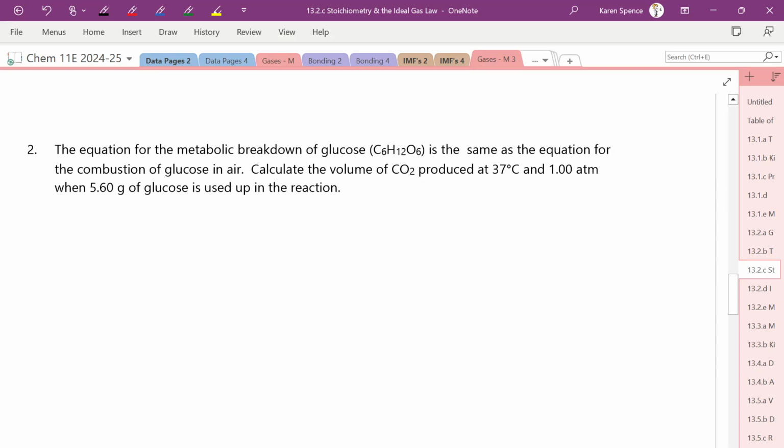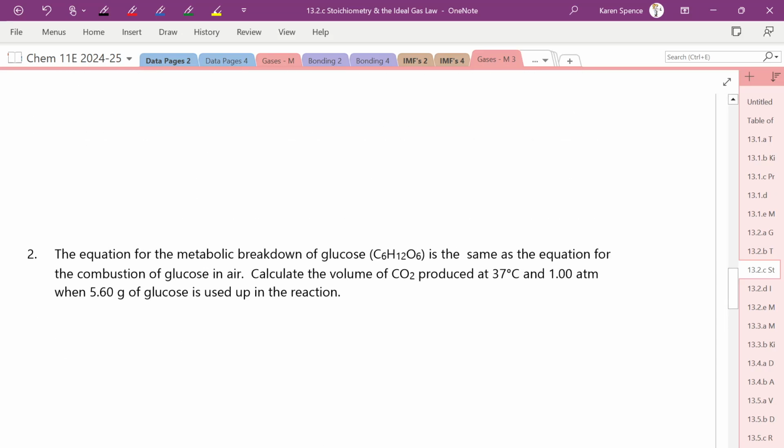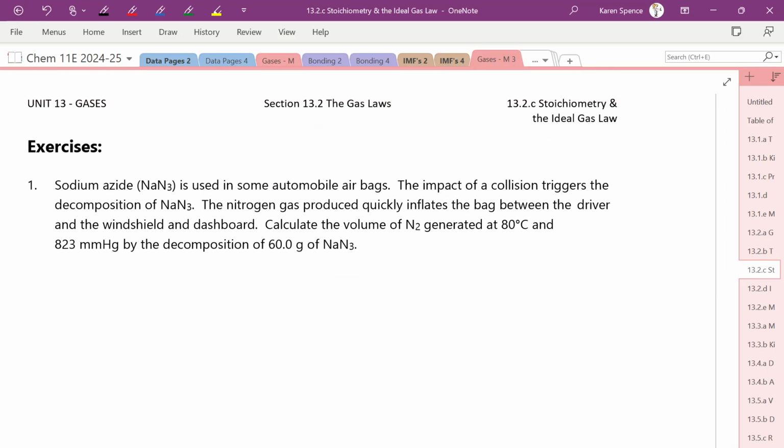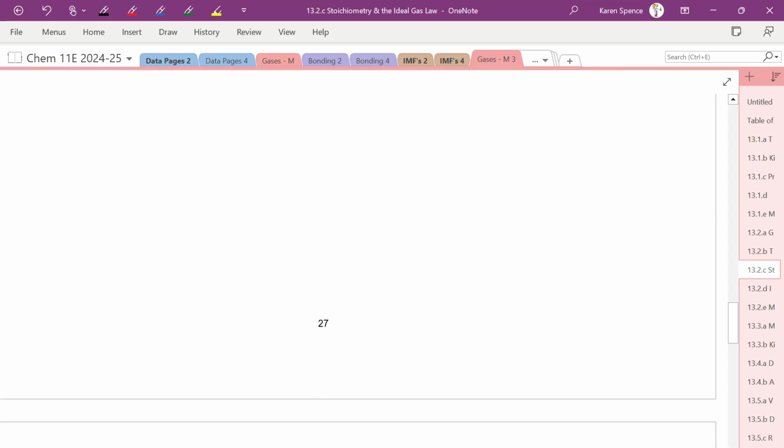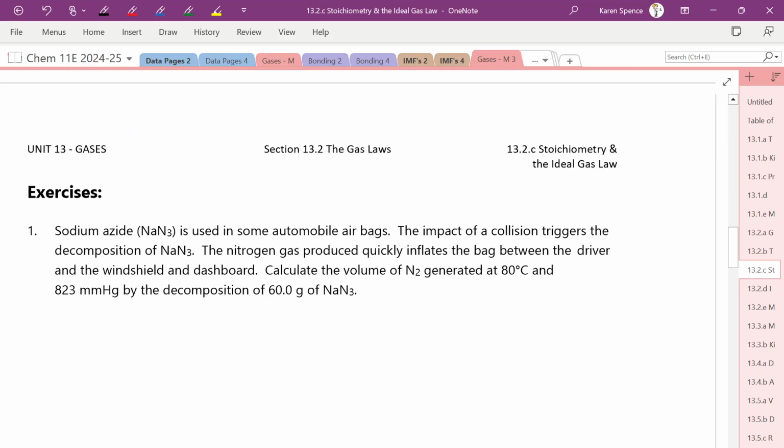And how about page 27, number 1. Page 27, number 1. Is that good? Okay. And that's it.